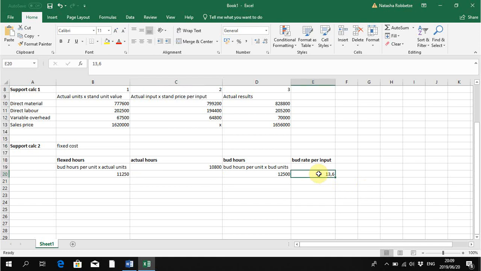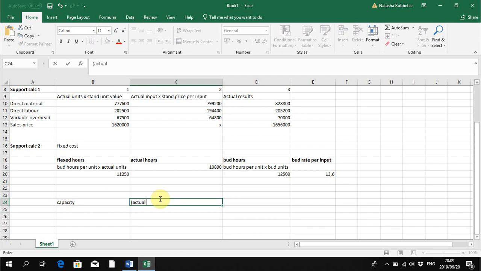So basically we start in the middle and I always calculate my fixed cost variances in alphabetical order. So I first do my capacity, which is actual hours minus budgeted hours times the rate, which is this 13 Rand.